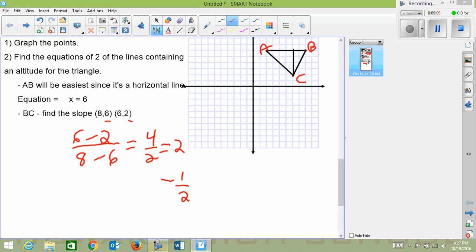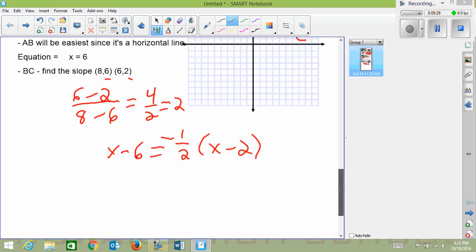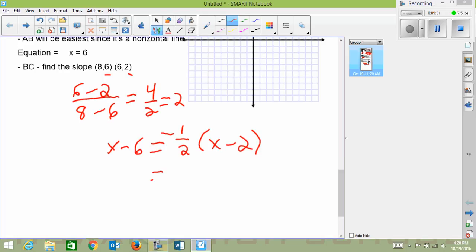So my point A was at 2, 6. So y minus my y, which is 6, equals my slope of negative 1/2 times x minus 2. So I can go ahead and simplify this right side. 1/2 times x, so negative 1/2 x.